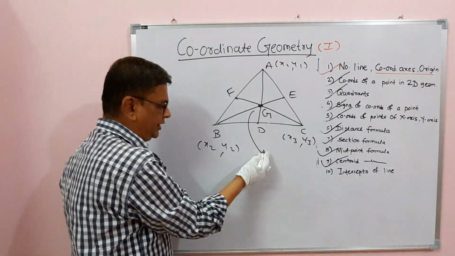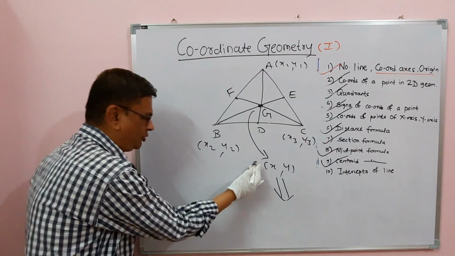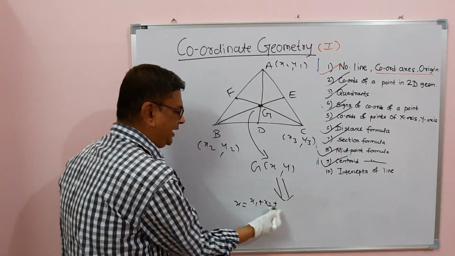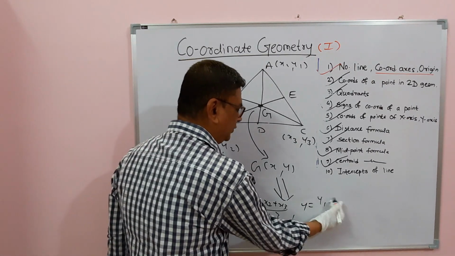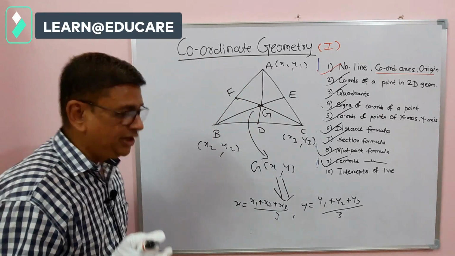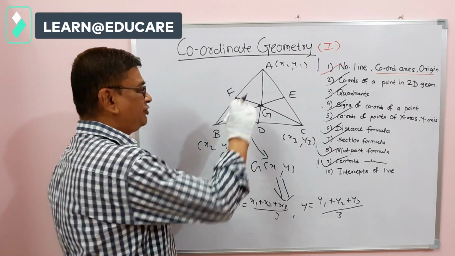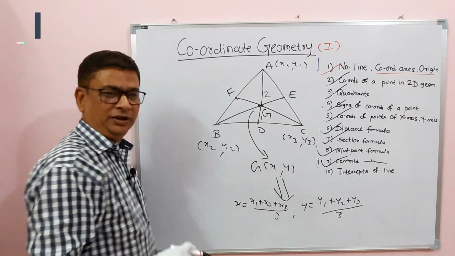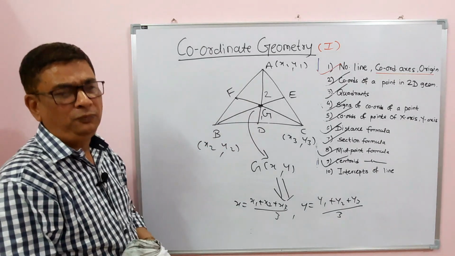Then the coordinates of G, given by x, y, are x equal to (x1 plus x2 plus x3) upon 3, y equal to (y1 plus y2 plus y3) upon 3. About the centroid of a triangle, remember one more thing, that the centroid divides the median internally in the ratio 2:1. Means here in the figure, AG upon GD will become 2/1.